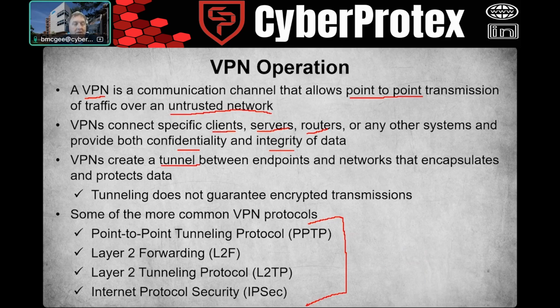It depends on which VPN concentrator you're using and what that vendor actually implements as far as VPN is concerned. One that keeps coming up, though, is IPsec. And we talked about IPsec having tunnel and transport mode earlier. Remember, in tunnel mode, everything is encrypted, including the authentication header and the encapsulating security payload.